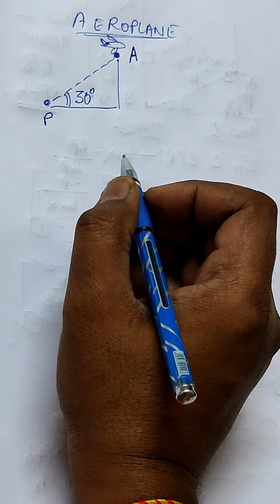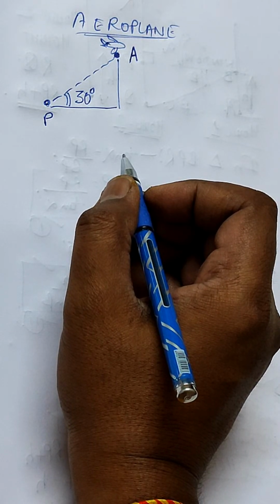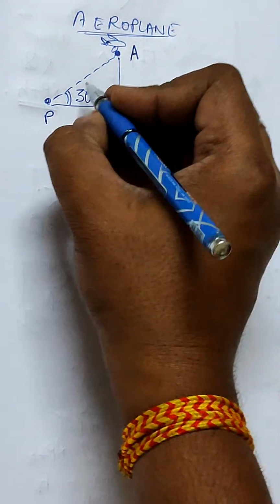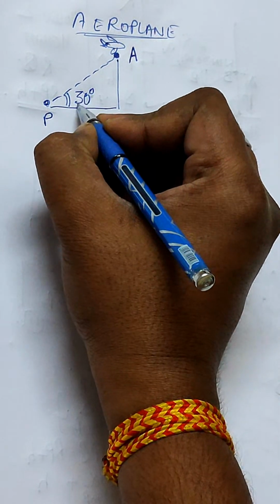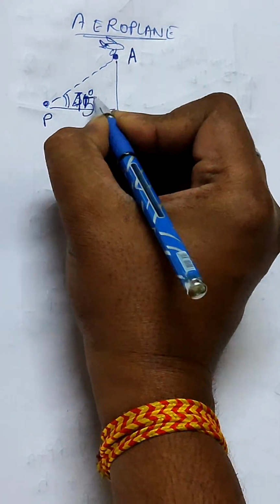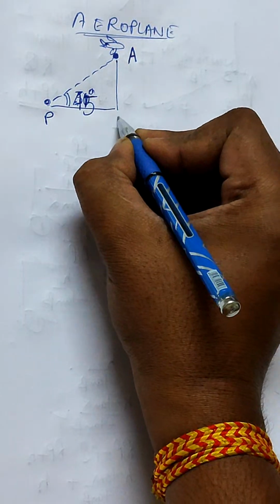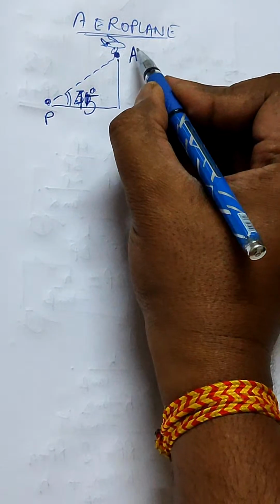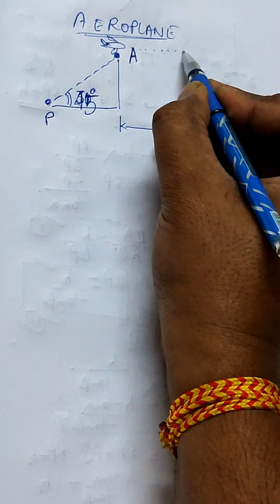The angle of elevation of the aeroplane from a point on the ground is 45 degree. After a flight of 15 seconds, the elevation changes to 30 degree. So this is 45 degree, and after a flight of 15 seconds, let's say this aeroplane reaches over here.